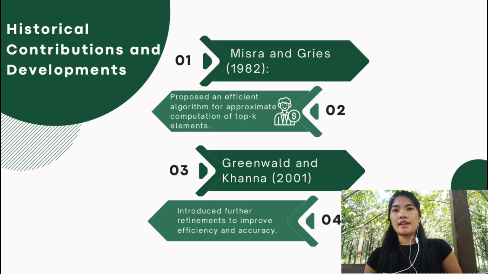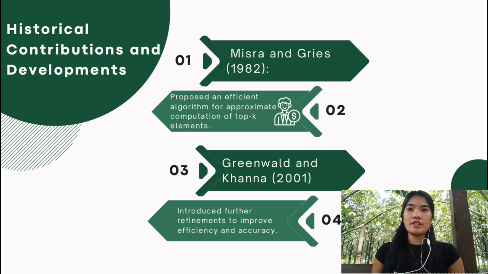Then second is Greenwald and Khanna in 2001. They introduced further refinements to improve efficiency and accuracy. Greenwald and Khanna's contributions in 2001 built on this foundation, offering enhancements that balance speed and precision.